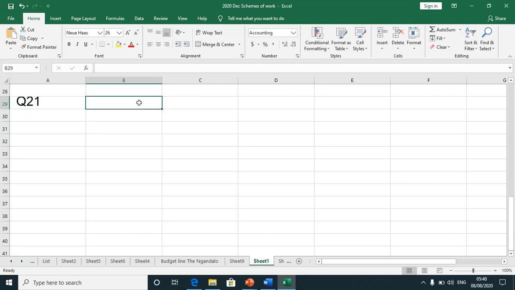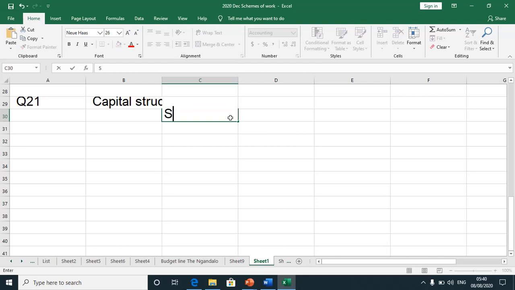This is capital structure, of course. Change in the capital structure. Run with share capital, which I'll call SC, and we are also running with share premium, which I'll call SP.